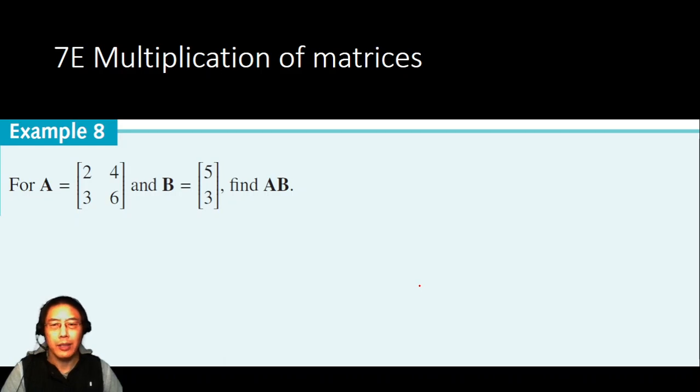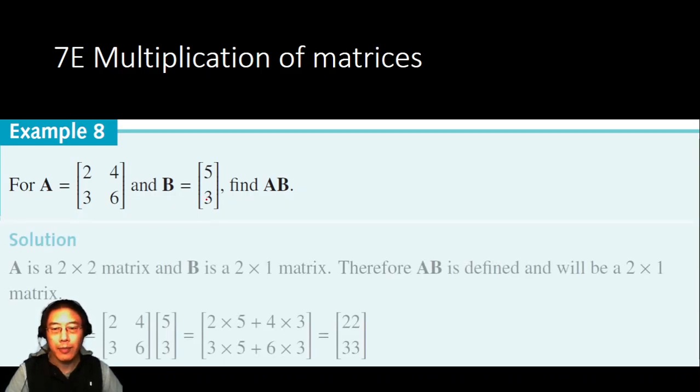Okay, let's do an example. So here is find AB. The first thing is make sure it's defined. To know if it's defined, it's AB from the left to the right. So it's a 2 by 2 times a 2 by 1.